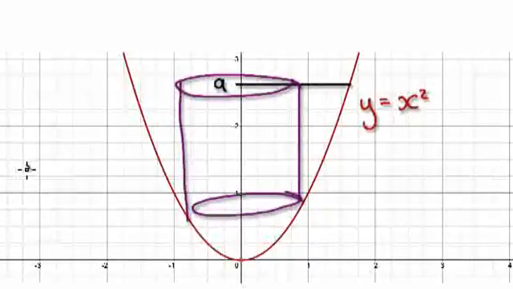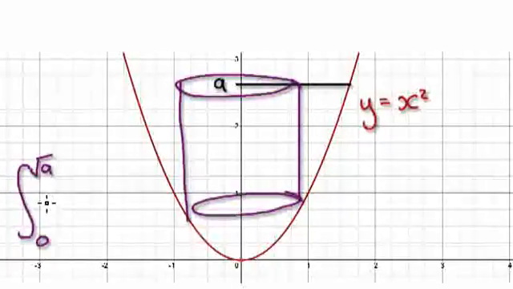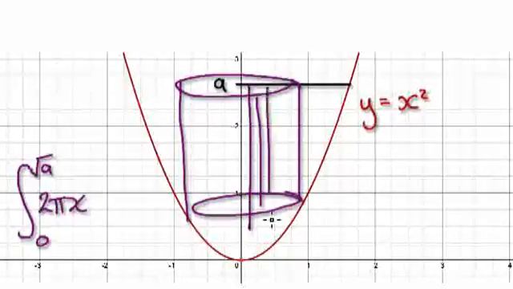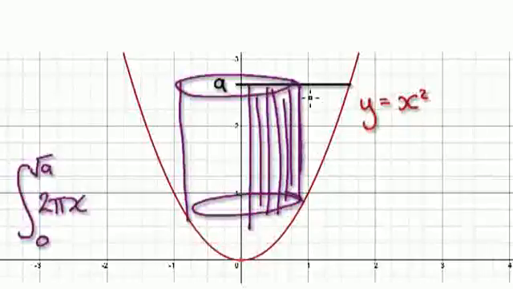Remember, we're summing up all the cylinders. So that would be from 0 to root a, and then it would be 2 pi times the radius, which is x, because we are moving along here and right at this point it will be x.